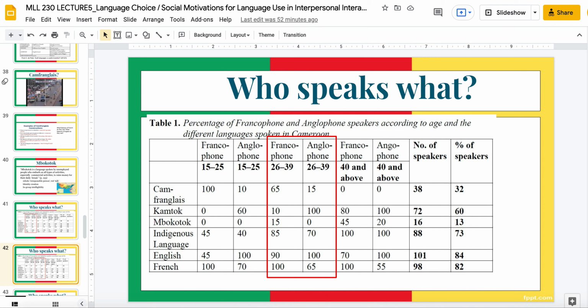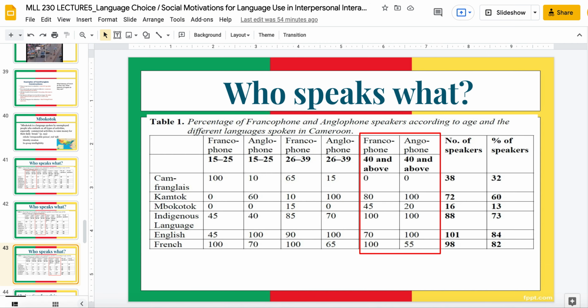As we get into the next generation, the young adults and older adults, they mostly speak, of course, English and French, but you see a little bit less of the Cam Franglais. So this is really an emerging language among the youth, Cam Franglais. Whereas they're most likely to speak Cam Talk, the English Pidgin, and their indigenous languages. And then in the oldest generation, 40 and above, they're 100% fluent in their indigenous languages.